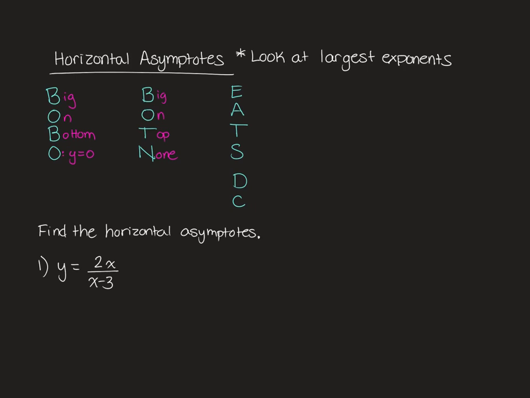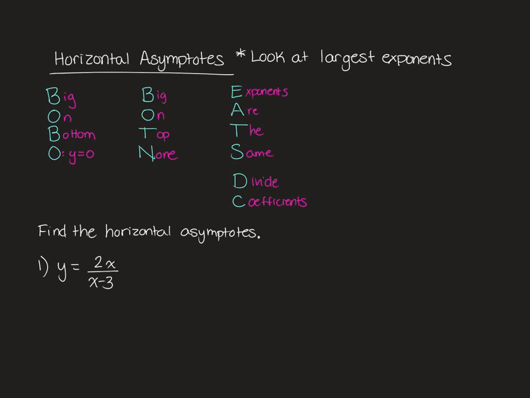Eats dark chocolate: exponents are the same, divide coefficients. This means that if you have the same exponent in both the numerator and denominator, you take the coefficients of those exponents and you divide them. So let's look at some examples.